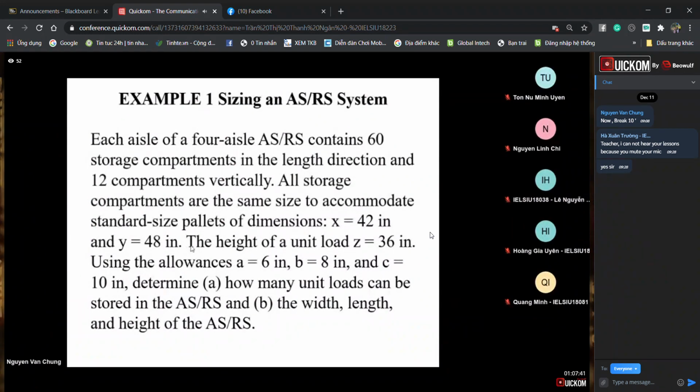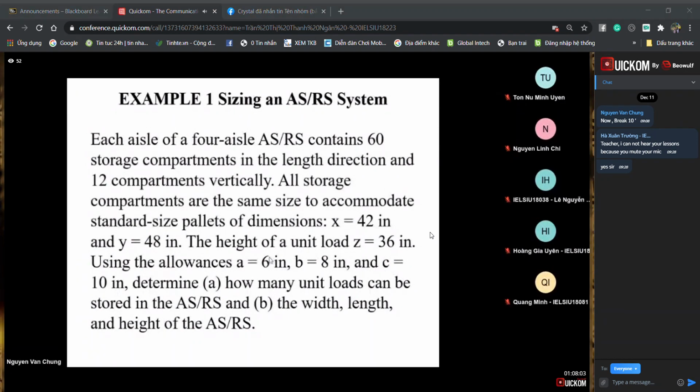So this is the compartment. You have the x and the y and the height of the unit load, you have the z. This is the compartment, using R1, with A, B and C, so like that, this is the clearance.